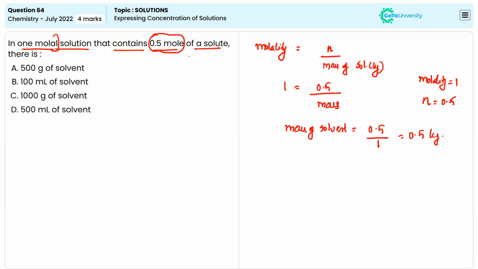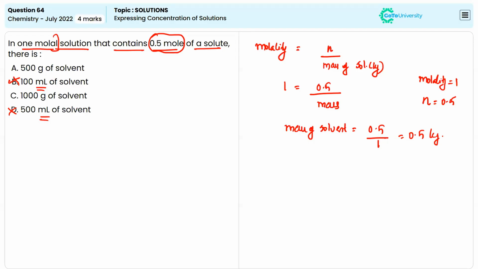Now we have to write the answer in grams. If you come to the options, we can ignore options B and D, because they are giving the volume of the solvent, but we know that molality is the number of moles of solute present in the mass of the solvent, not the volume.